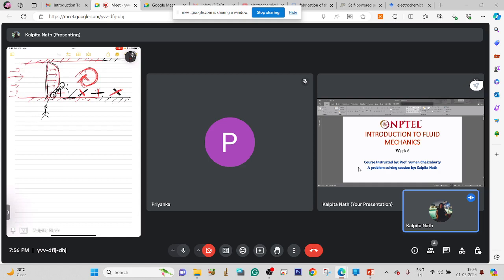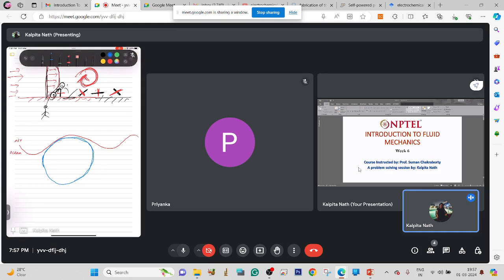Let's suppose we are considering an ocean, the top layer of the ocean. This is air and this is ocean. The fluid element present here will be rotating like this. If I consider a fluid element here, it is like that.